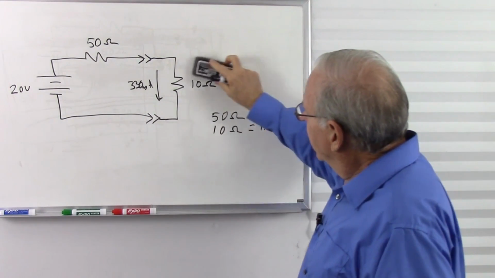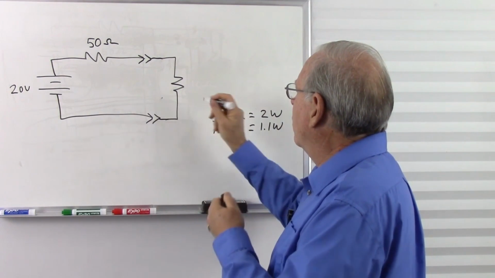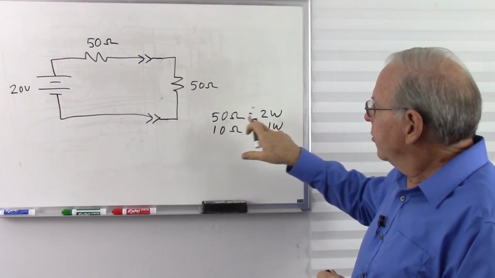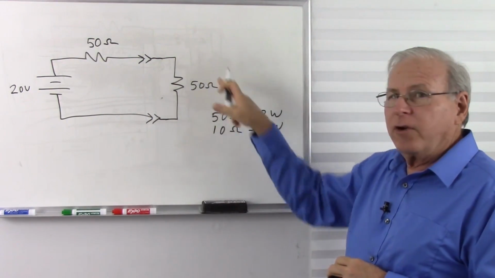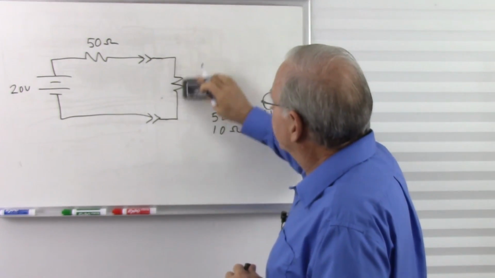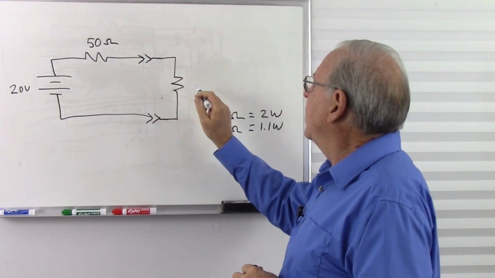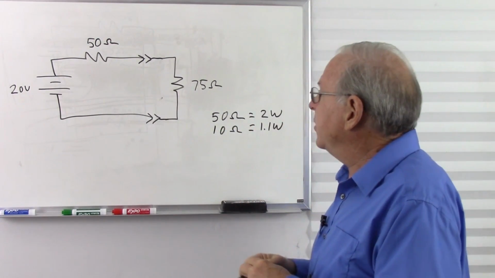So let's go back up to 50 ohms, just momentarily. At 50 ohms we had 2 watts, but we reduced this to 10 ohms, we went down to 1.1 watt. So if we increase the resistance, we should get more power, right? Let's see what happens. Let's put that up to, nice even number, how about 75 ohms? So now we're above 50 ohms.